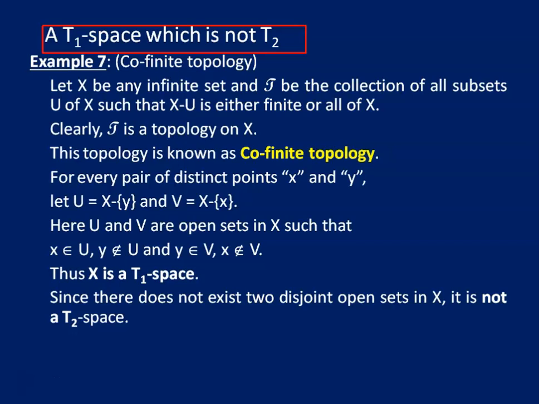To prove it is a T2 space, we need two disjoint open sets. But in the case of a co-finite topology, there don't exist any disjoint open sets. So this space X with the co-finite topology is not Hausdorff, but it is a T1 space. So here we have an example of a T1 space which is not Hausdorff, or not T2, because T2 spaces are known as Hausdorff spaces.